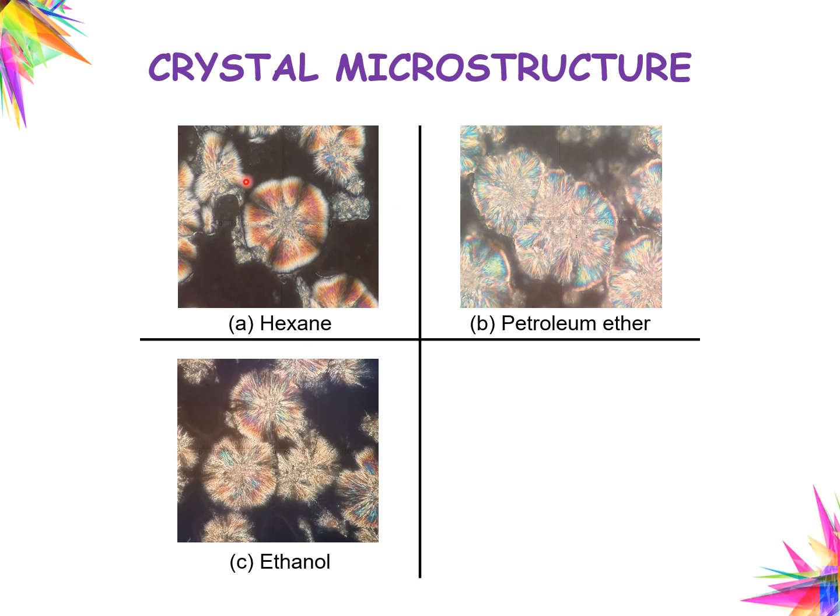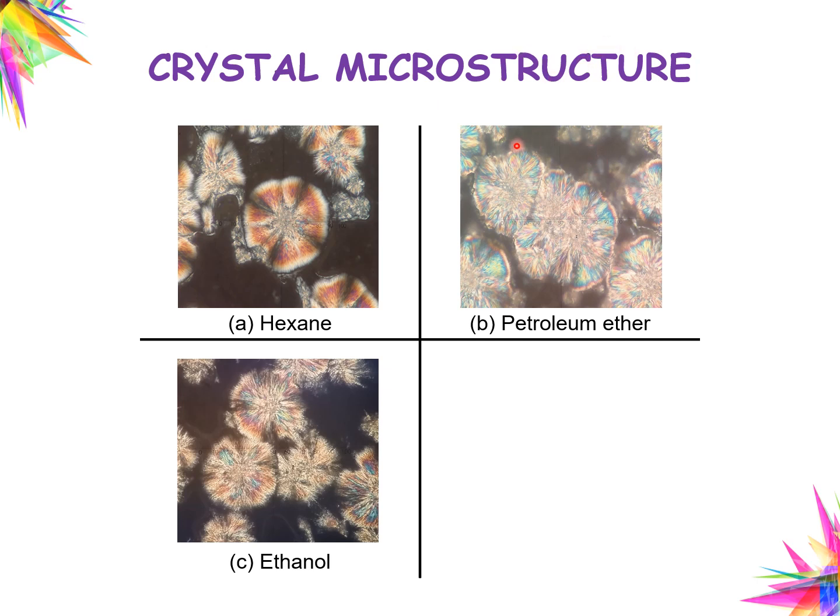the crystalline structure is significantly changed after the exposure to the extraction solvent, where the petroleum ether and the ethanol extracted Bambangan seed fat has a compact cluster of fat crystals compared to the hexane extracted Bambangan seed fat.